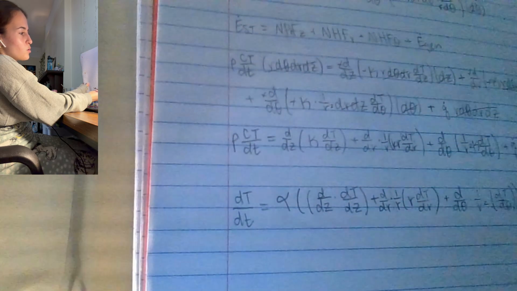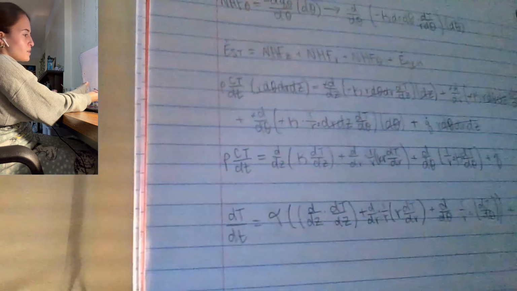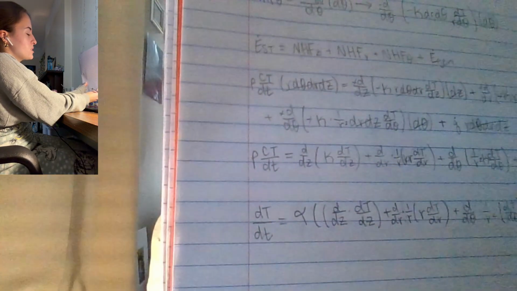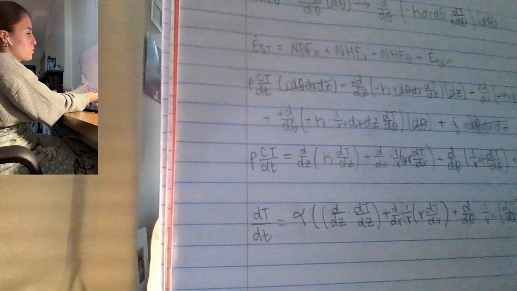So like that first one, we don't have any roadblocks in the way, we don't have any variables we need to take the derivative of. So we can just make that the d squared t over dz squared.